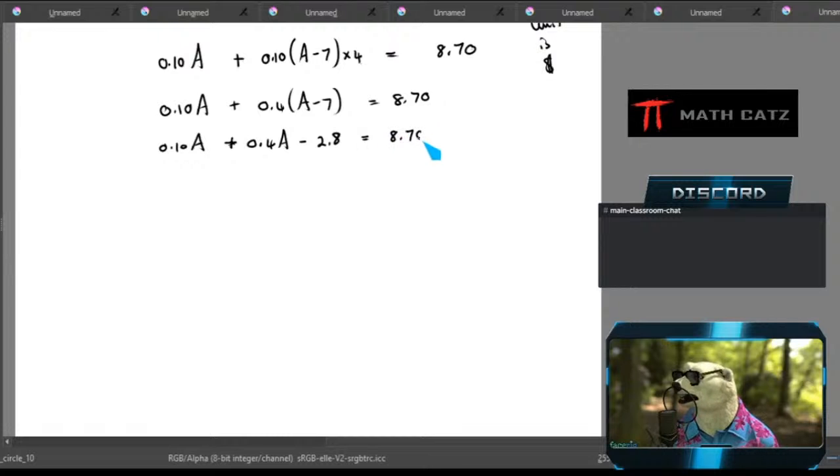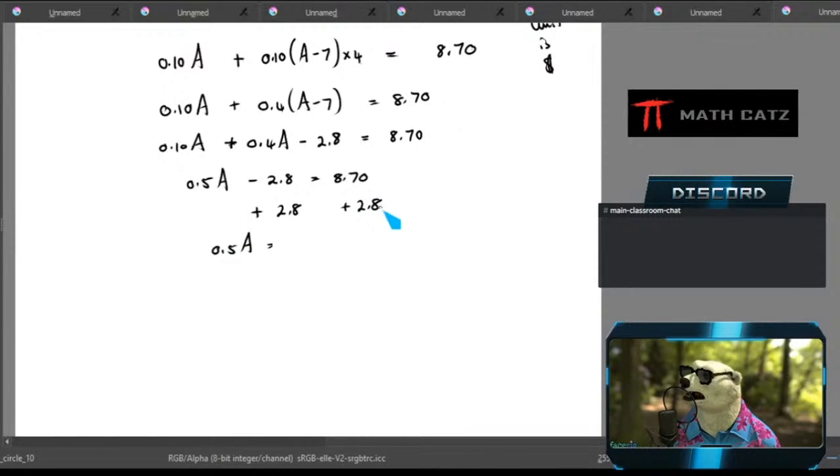Check your calculator if you want to. So now I have 0.5 times a minus 2.8 equals 8.7. I don't need that 0 there. I don't know why I keep doing it. Plus 2.8 on both sides. So 0.5 times a equals, that's a 10 and another 0.5, 11.5.